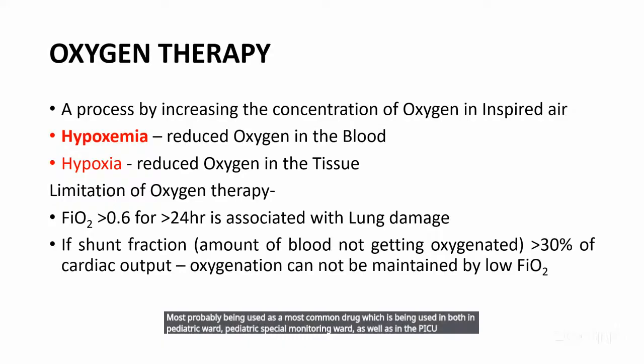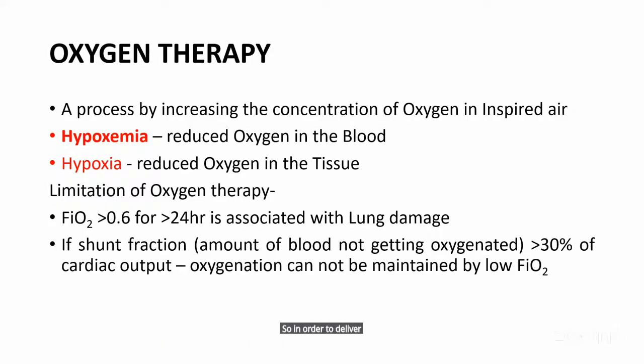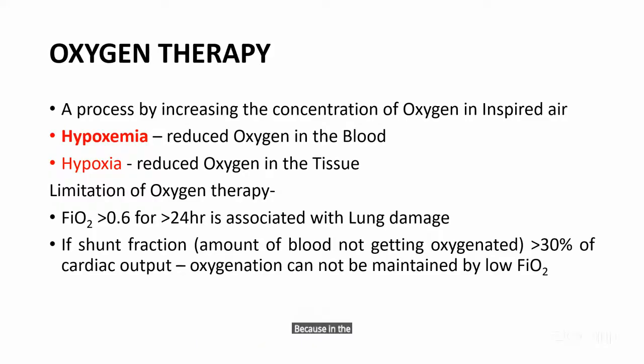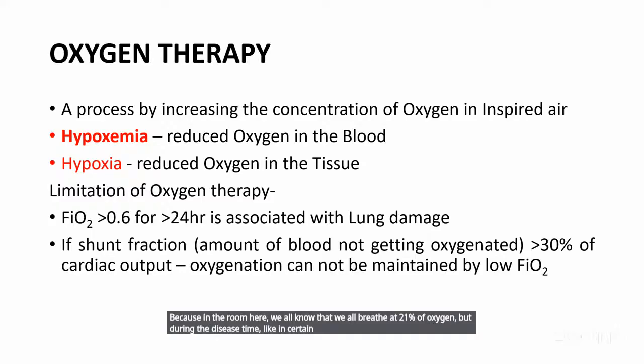In order to deliver oxygen, there are certain devices which are used, to increase the concentration of oxygen in the body when the body itself cannot take care of it. In room air we all breathe 21% oxygen, but in diseases like pneumonias, bronchiolitis, ARDS, where ventilation and perfusion mismatch is there, we require a higher amount of oxygen to deliver to all parts of the body.